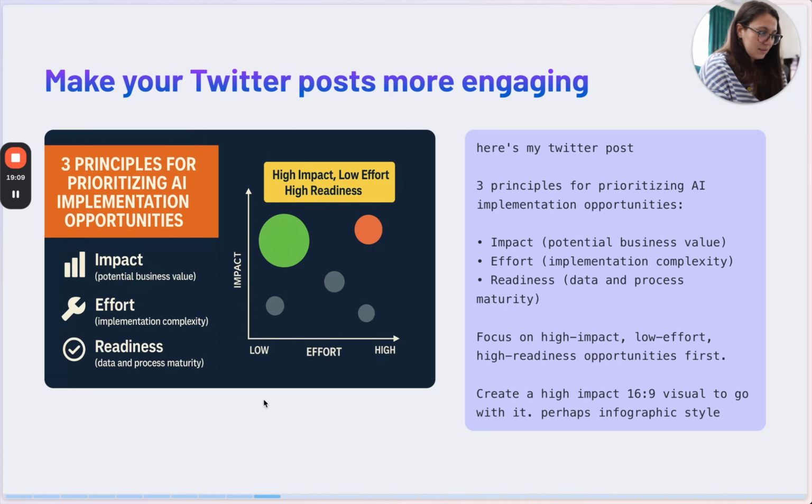It took the text and used my text on the post, and it generated some icons and a nice graph that represents the idea that I'm talking about. And all the text is perfect in this one, as far as I can tell.